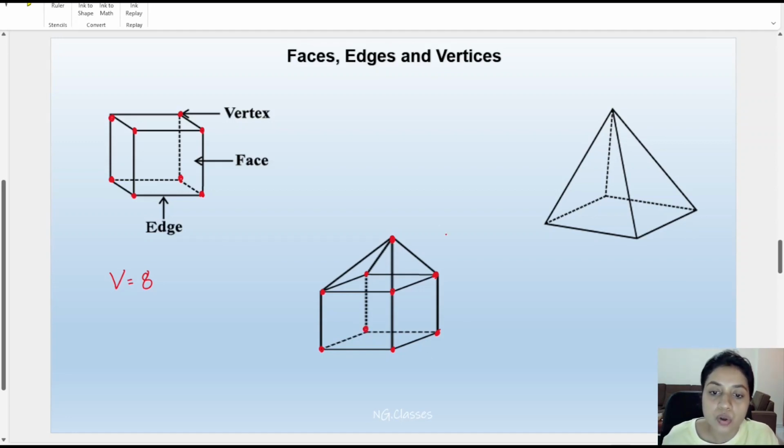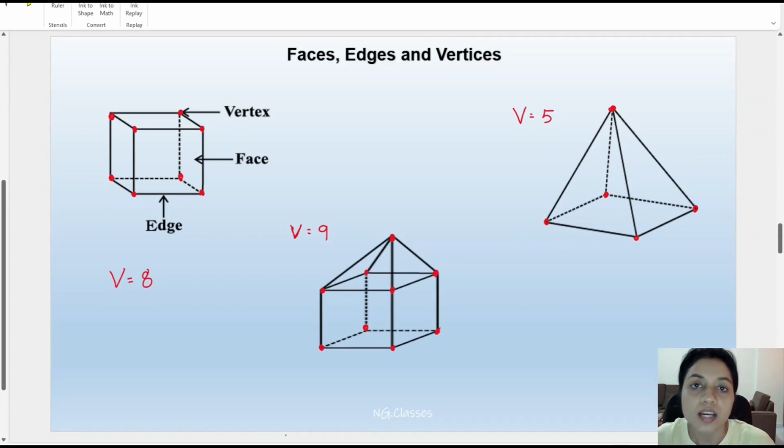No. So the number of corner points for the second figure is 9. Let's check it for the last figure. Here we have one corner point, 1, 2, 3, 4, 5. So the number of vertices is equal to 5.